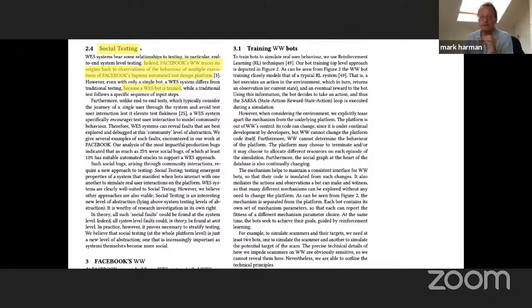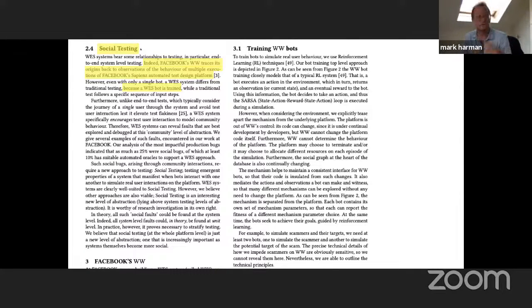And I want to stress that I think the WES agenda goes beyond social testing, but it kind of subsumes it. So social testing allows us to test interactions between users as opposed to interactions between one user and the platform. But WES goes a bit further and says we don't just want to test these interactions, we actually want to train the bots to behave in adaptive ways, to simulate social interactions between the users.